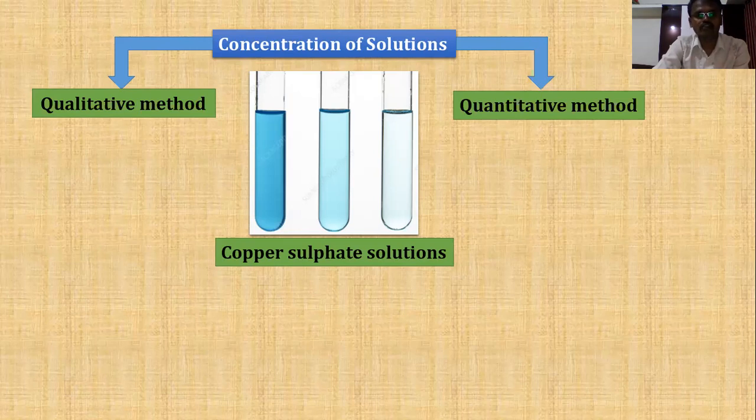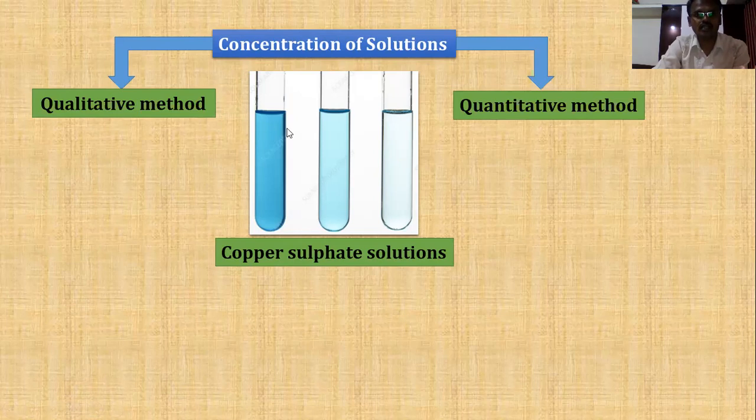By smelling that food, you can say what food is cooked. That is only a qualitative way of analyzing. But if you take that food in a plate and eat some amount, then it is quantitative. So guessing what food is cooked in the kitchen is qualitative. If you eat some amount of that food, then it is quantitative.